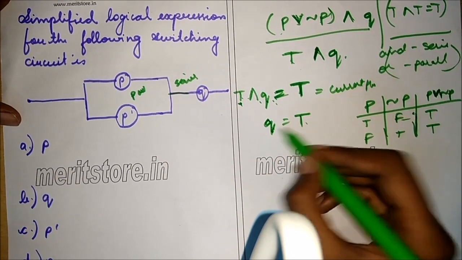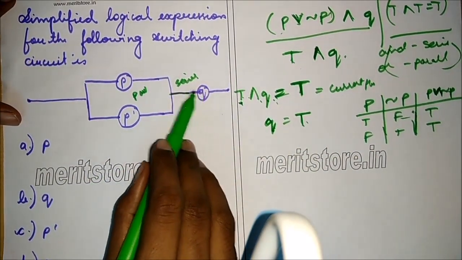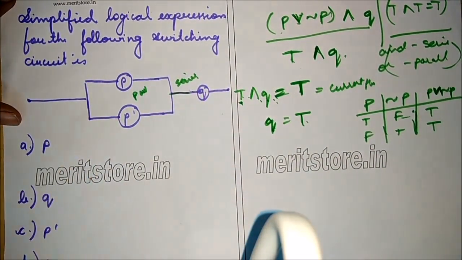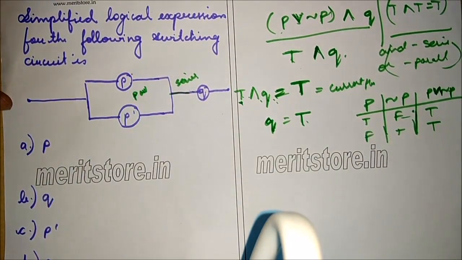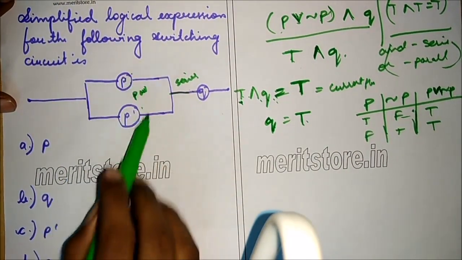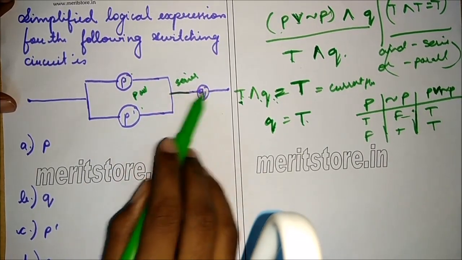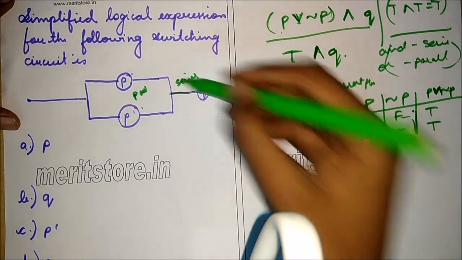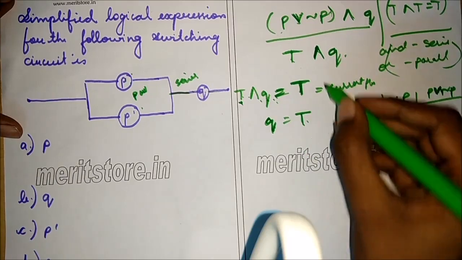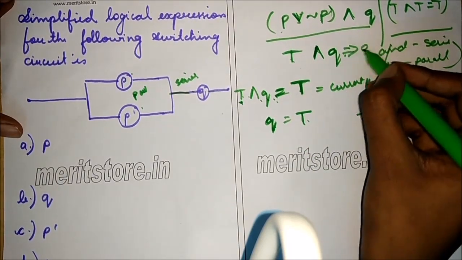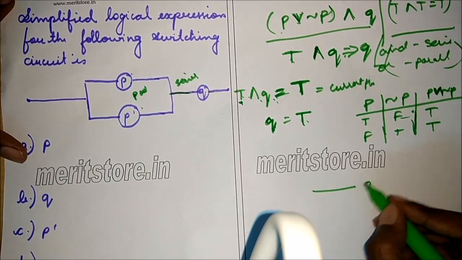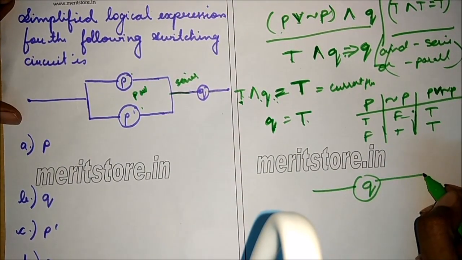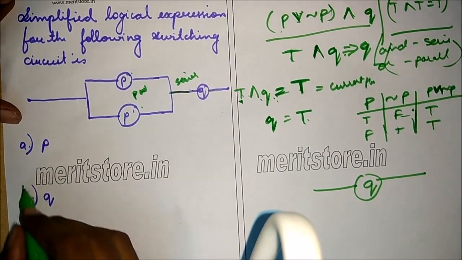So when Q is closed, current will flow. Irrespective of the value of P, current can still flow through Q. So the simplified form of the circuit is equivalent to just Q, and the answer is B, Q.